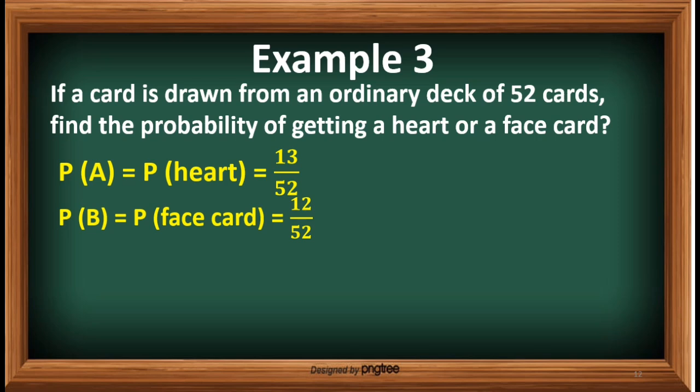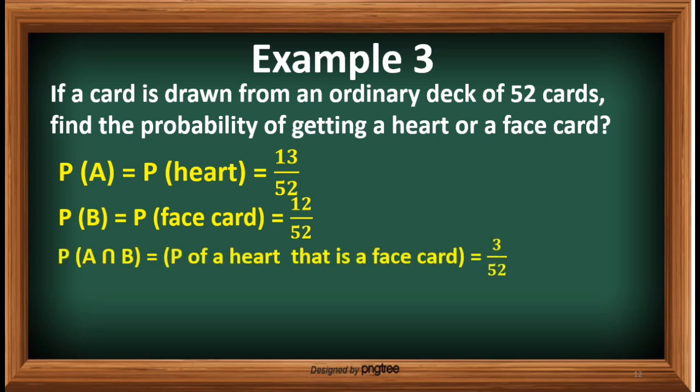Face cards are the jack, queen, and king. So there are 12 over 52. Since there are 4 suits in the standard deck of 52 cards, diamond has 3 face cards, heart also 3, club 3, and spade also 3 face cards.